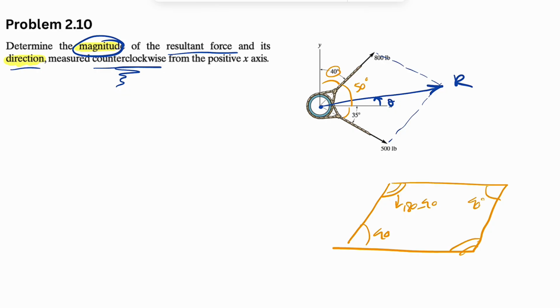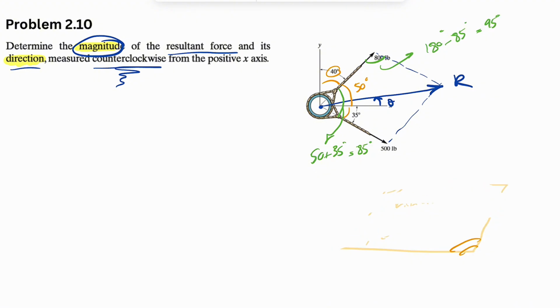Now in our parallelogram, we can find this angle that I'm showing in green, which is 50 plus 35, or 85 degrees. And now that we have 85 degrees, this angle would be 180 minus 50 minus 85, which is 95 degrees. So now that you have all the angles, the rest of this is pretty easy.